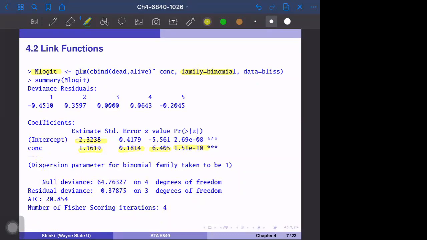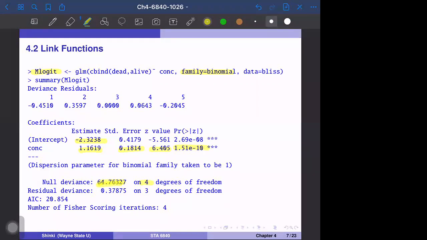So with higher concentration, more insects die. And you can see the null deviance, with 4 degrees of freedom, is 64. So we highly significantly reject the null hypothesis that the concentration does not matter for death.